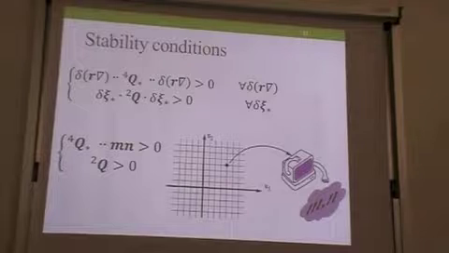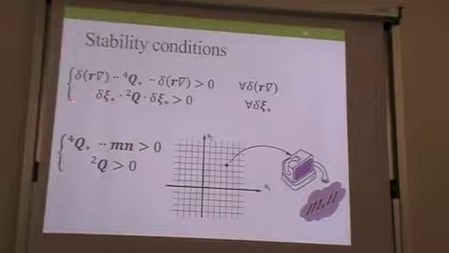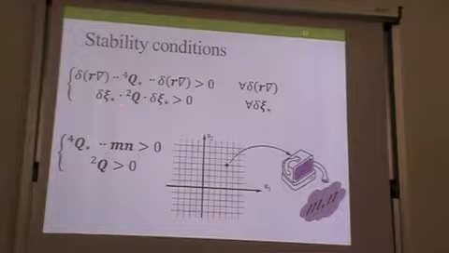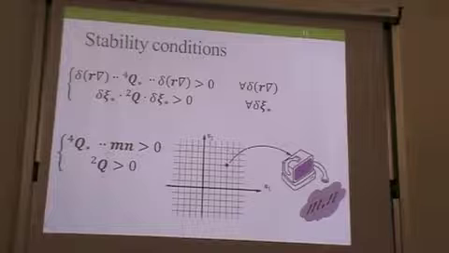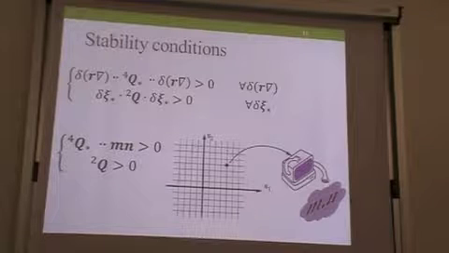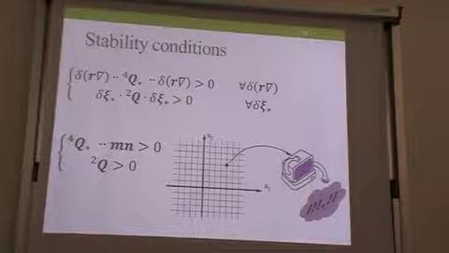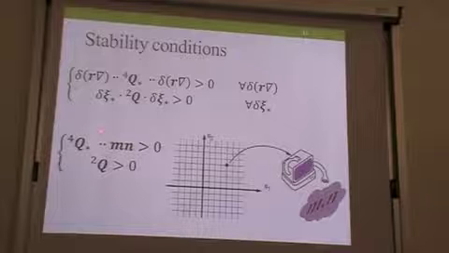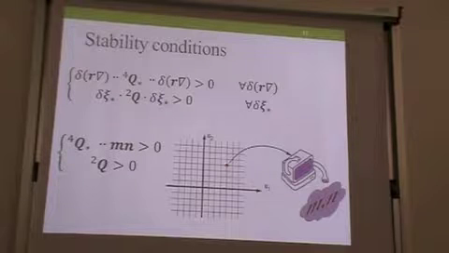Then to stability conditions. We have two inequalities which have to be satisfied. They yield the demand of positive definiteness of two tensors of second rank. With Q2, it's obvious. With Q4, we have to check the validity of this inequality for each strain gradient.